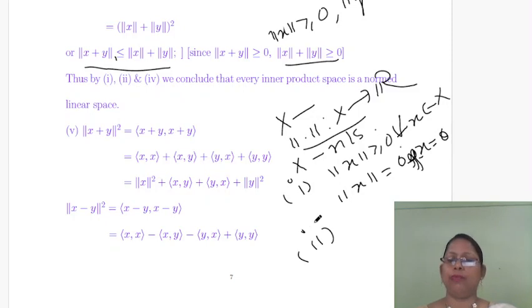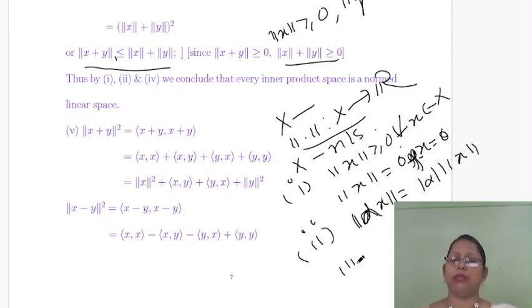Number 2, if alpha is any scalar, then norm of alpha x is modulus of alpha times norm of x. Number 3, norm of x plus y is less than or equal to norm of x plus norm of y.